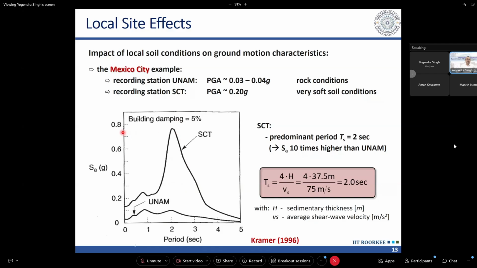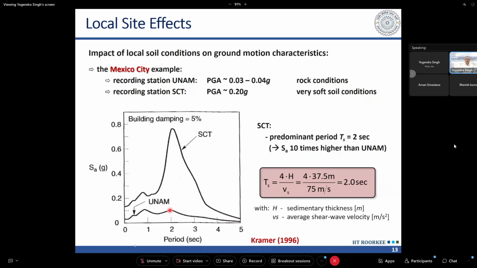And here, although the PGA was not that large, the spectral acceleration was large, because of the focusing of the energy into this frequency band due to the filtering action in the soil. So all the energy was transmitted in this frequency range, and the other frequencies were stopped by the soil.